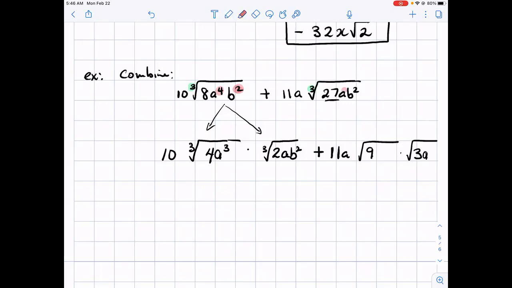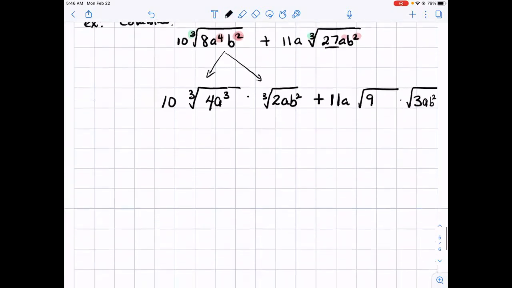And the power here is also less than the index, so that we know we'll be able to simplify it. So that stays over there. And as I said before, the reason I like to split them up is because I know everything in that radical will be simplified. Okay. So we have the 10 stays.